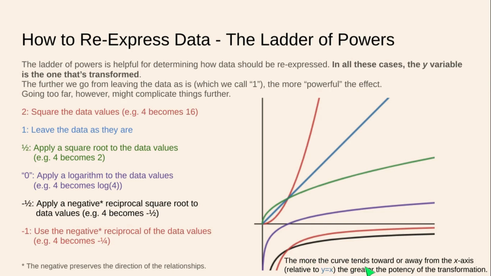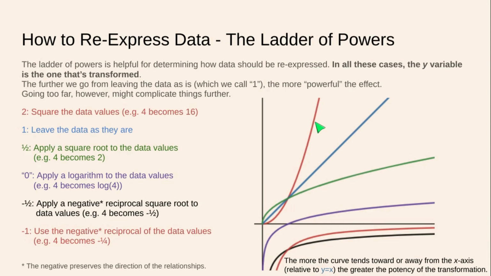And the more that the curve tends toward or away from the x-axis relative to y equals x, the greater the potency of the transformation. So if this is our don't touch anything non-transformation, if the data fit a line, we don't change anything at all. If the data are curved, then we need to perform some kind of a transformation to it.